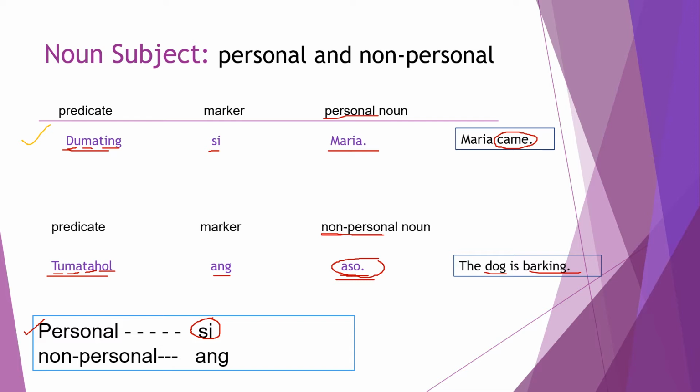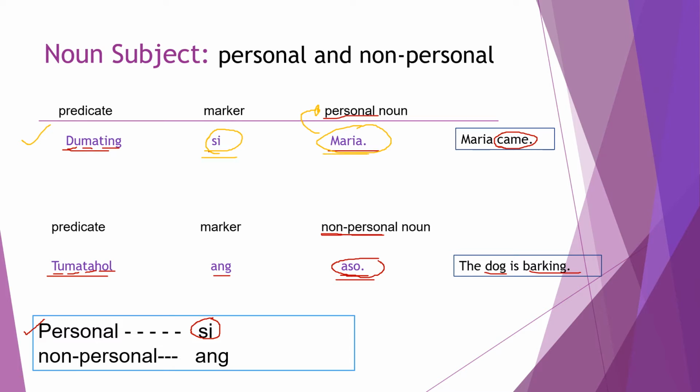We have a marker si for Maria, which is a personal noun. Dumating si Maria. We are talking about Maria. And if someone would ask who came, again, the answer is si Maria.